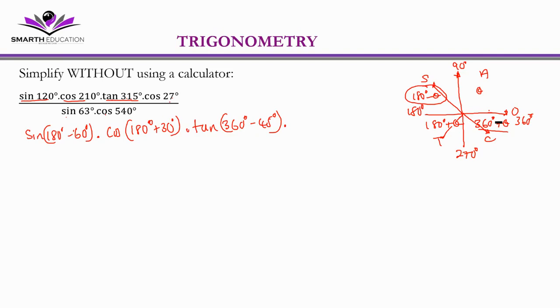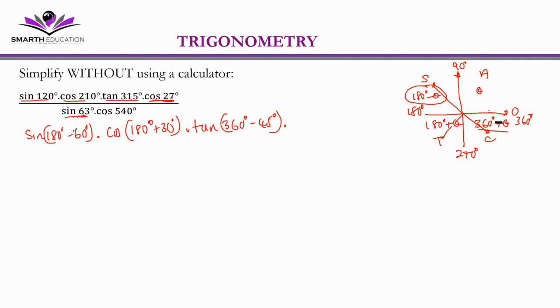And then I want you to recognize something. 27 degrees and 63 degrees add up to 90, so these are complementary angles. It means cos 27 degrees is equivalent to sine 63 degrees.